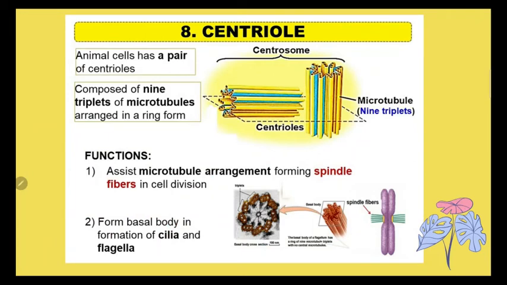Okay, last organelle is centriole. So usually we always draw structure of centriole during cell division. Okay, where you draw the structure of centriole in a pair like this. So one pole has a pair of centriole, and the opposite pole also has a pair of centriole.